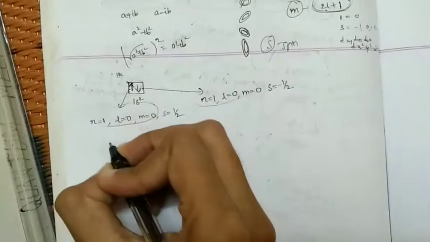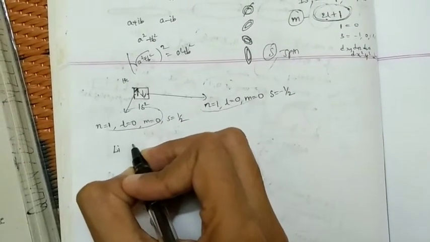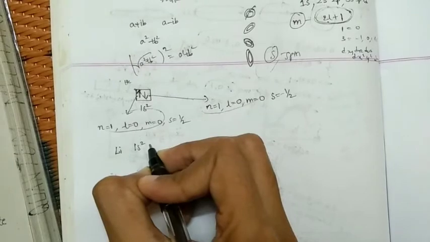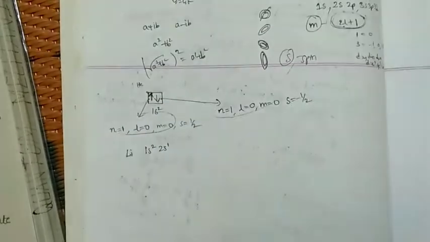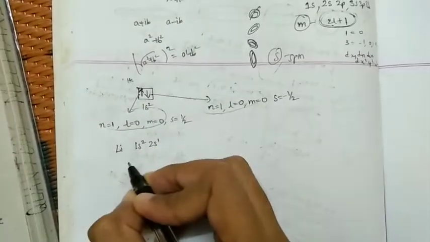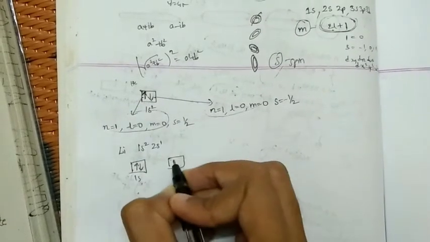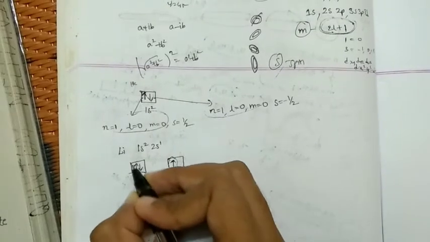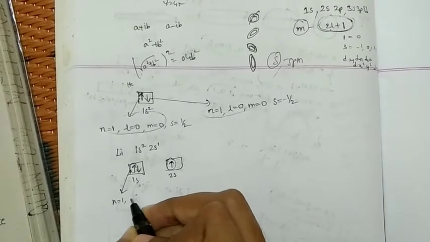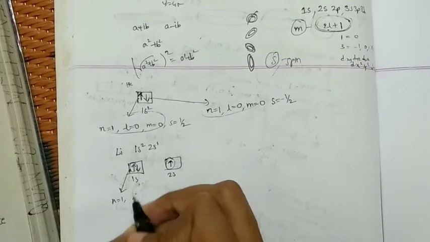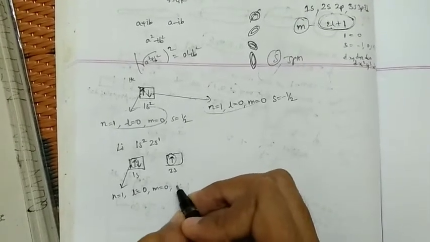In the same manner, consider the case of lithium: hydrogen, helium, lithium. Its electronic configuration is this, with 3 electrons. This is for the first 1s orbital, and this is for the 2s orbital. If we consider these 2 electrons, here n is 1, l is 0, m is also 0, and spin is half.